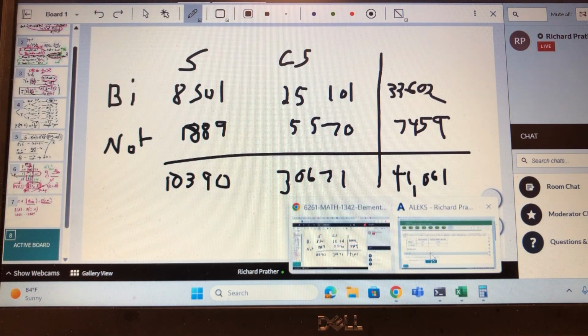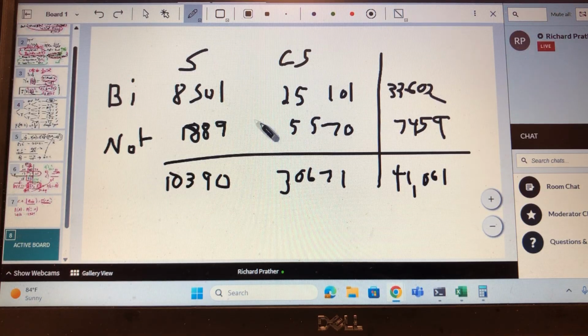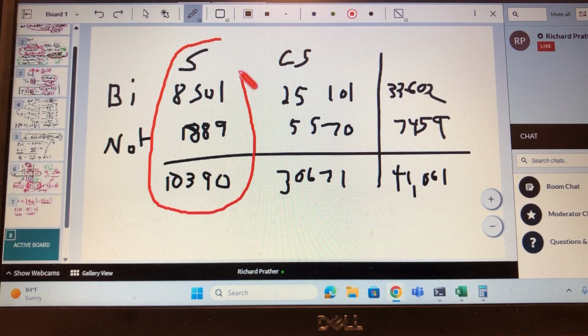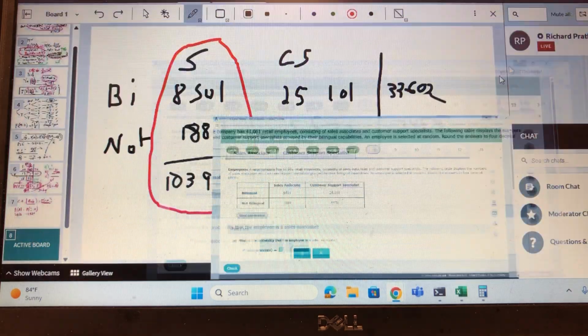Okay, part one wants the probability of an employee being a sales associate. Sales associate is right here. This is a single probability, so I'm going to do good over total. And assuming they want 4 decimals still. Yes, 4 decimals.